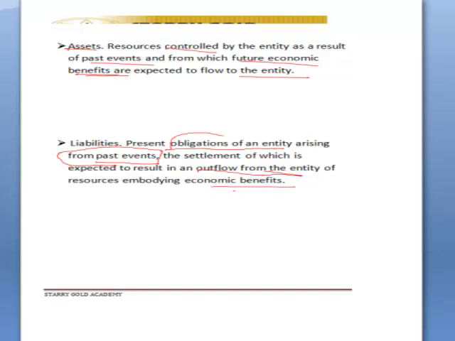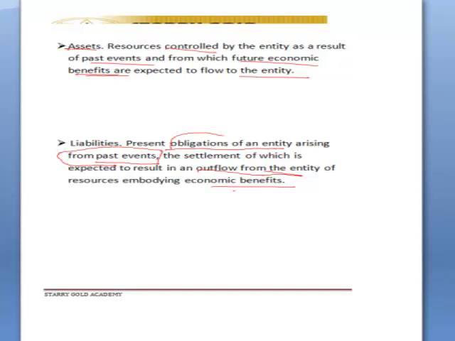So for a liability to exist, it must be an obligation, it must be from a past event, and in settlement of it, there is an outflow of economic resources of the entity in question. So this is the standard definition of an asset and the standard definition of a liability.